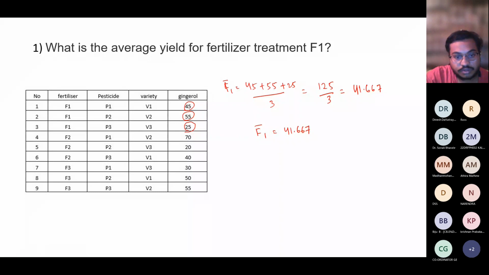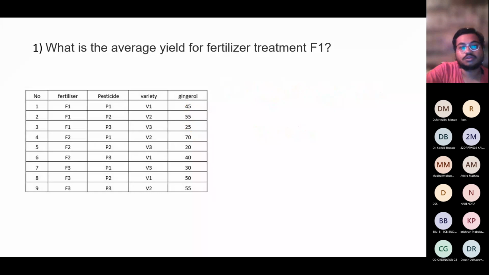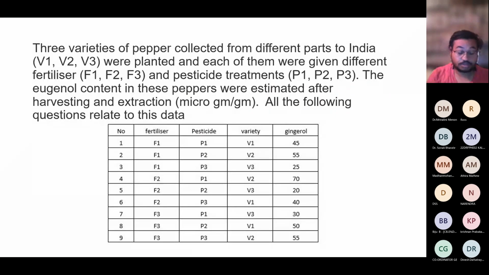Hello, just joined. Could you just repeat this, please? Sure. The problems we are discussing are similar to assignment 4 that you are given. The basic table that we are given has 9 different values for 3 different kinds of fertilizer treatments, 3 different kinds of pesticide treatments, and 3 different varieties of pepper. We are given the yield values in the last column.